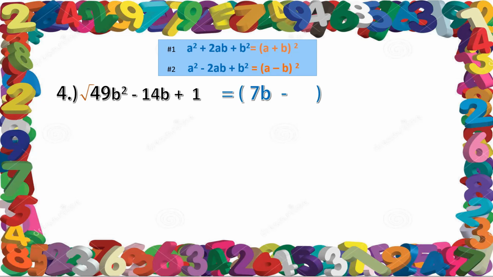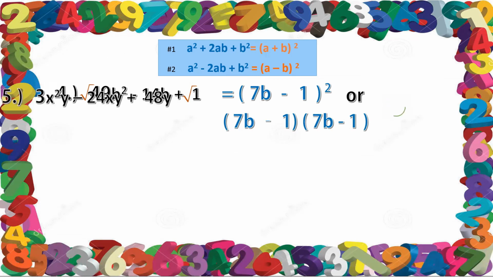Subtraction, exactly. Now the square root of 1 is 1 itself. Very good. Then put squared. Now we have quantity 7b minus 1 squared, or quantity 7b minus 1, quantity 7b minus 1.